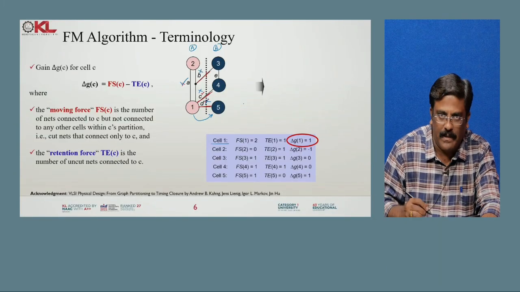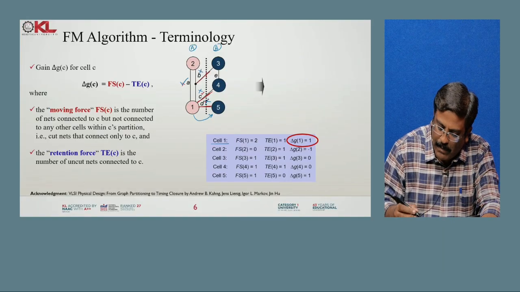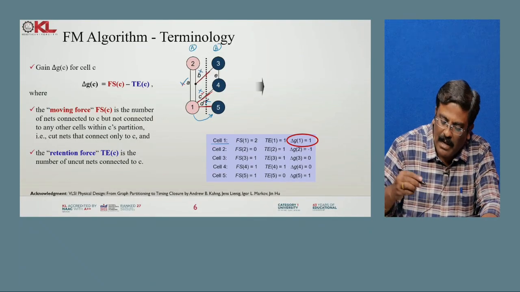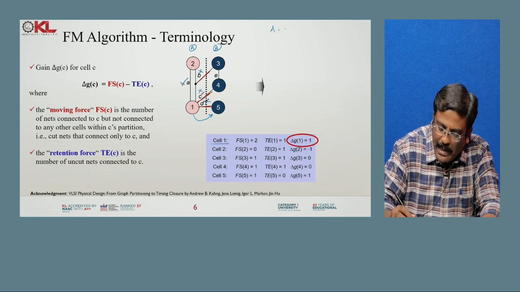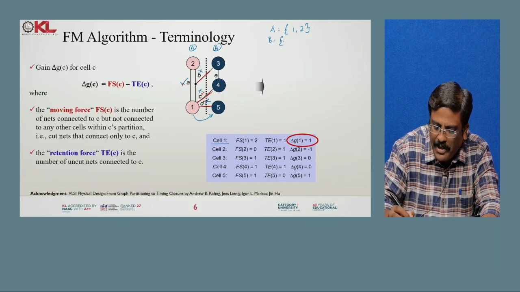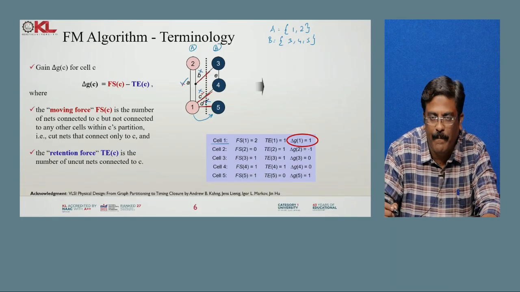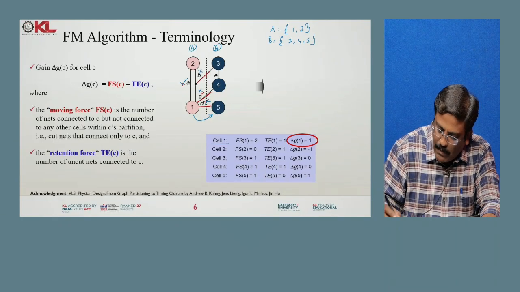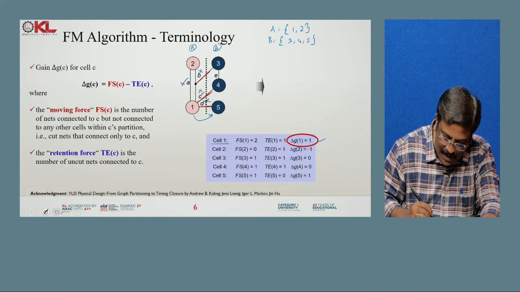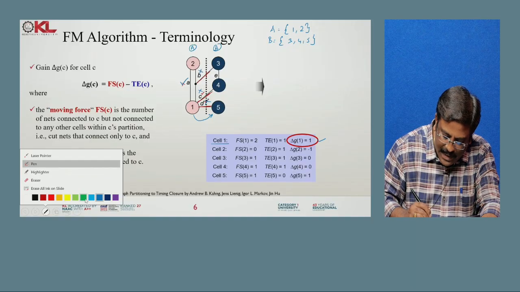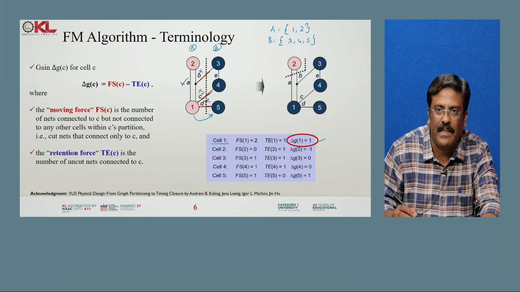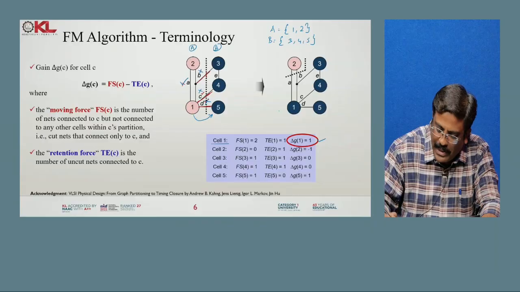Before cell 1 moves, partition A consists of cell 1 and cell 2, and partition B consists of cells 3, 4, 5. Now cell 1 is moving from one partition to the other because it has eligibility. It is moving to the other side like this, right? So 1 is moved to the other side.